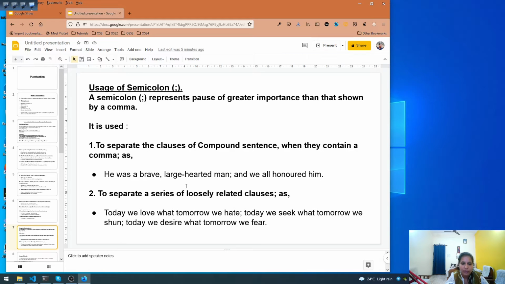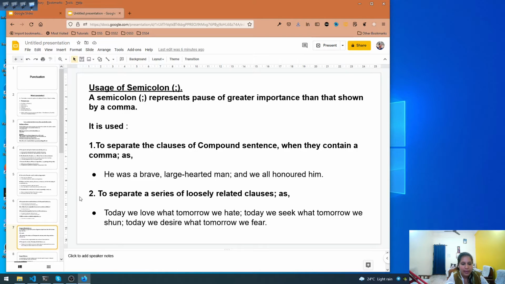We could have made them separate sentences, but we have used comma to make it one sentence, and to show the quality of the person we have used a semicolon here so that people understand that there is a pause here. He was a brave, large hearted man, and we all honored him. So from this sentence we understand why we honored him, because these were the qualities in him.